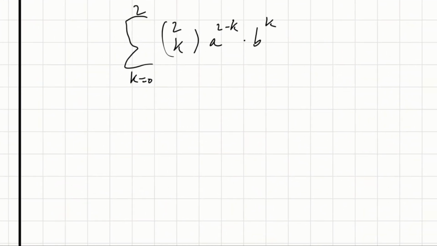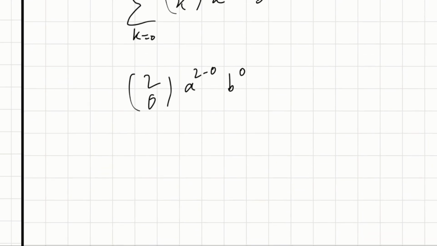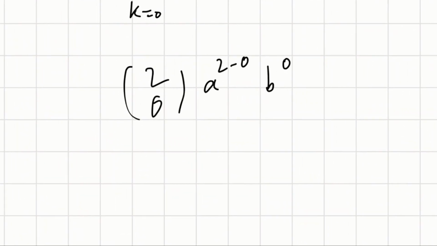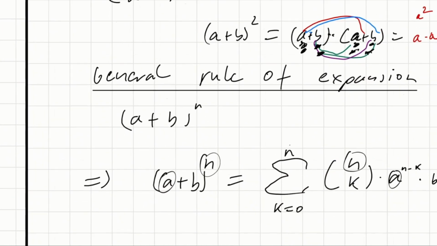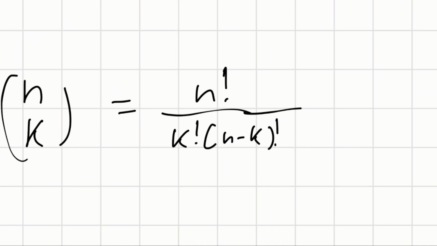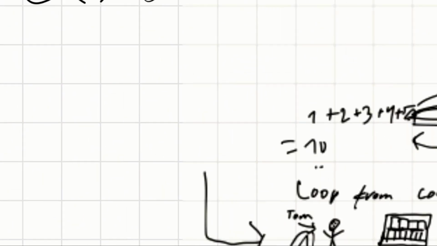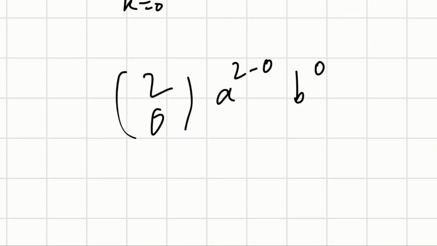The first operation is k equal to 0, so 2 over 0, a squared minus 0 and b to the 0. This is our first term. How many ways are there to combine 2 over 0? If you plug this into the formula, you have to be careful, of course, because you can't divide by 0, but this is always 1, I'm sorry, this is always 1.